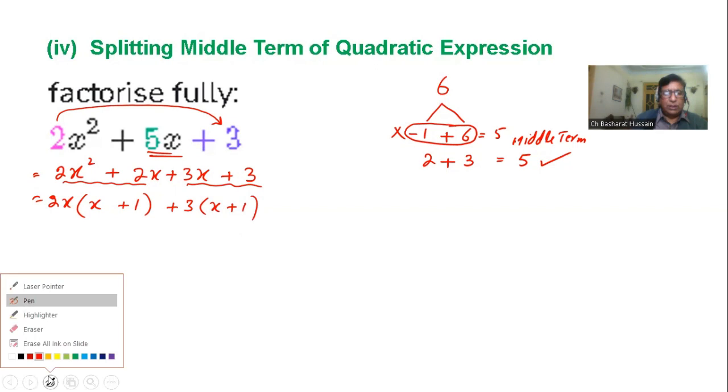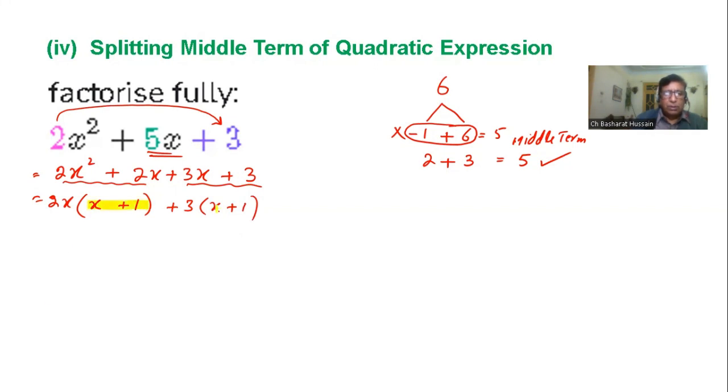Now you must check these terms. x plus 1 is the same in both the terms, so we take it out common, x plus 1, and this is 2x plus 3. So this is factorization by splitting the middle term of quadratic expressions. Okay.